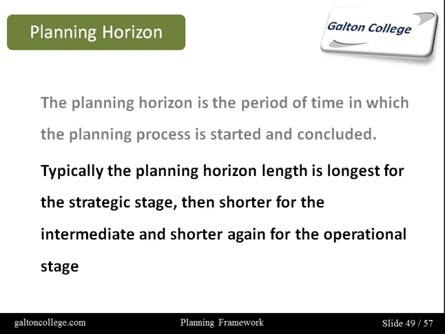Well, we don't know what the world will be like in 5 years' time. So in order to mitigate uncertainty associated with that planning phase, a lot of research may be required, a lot of consultation, expert opinion may be sought. So generally speaking, the planning horizon for strategic planning is much longer than for intermediate and operational.